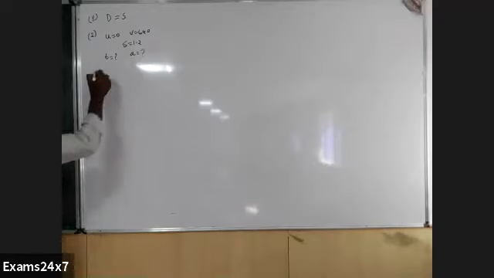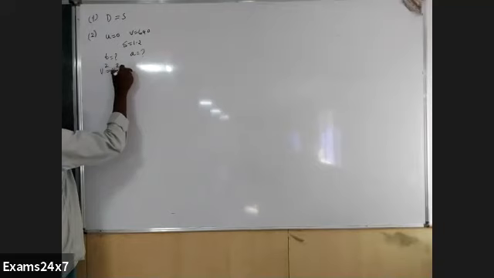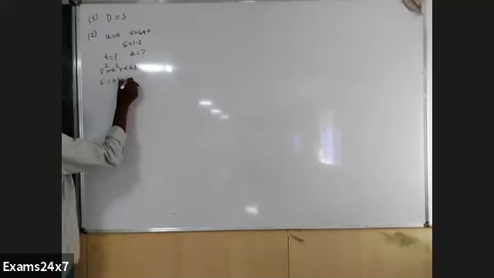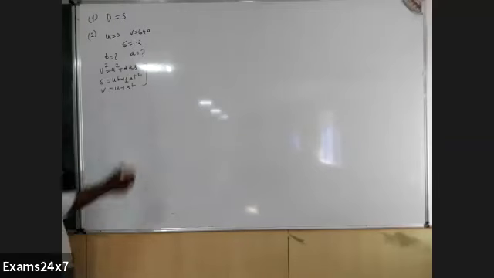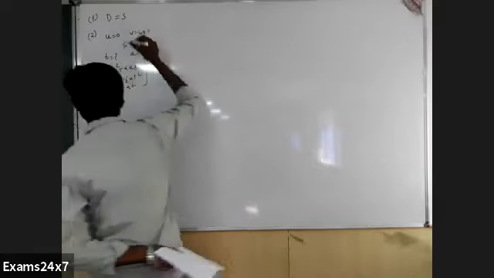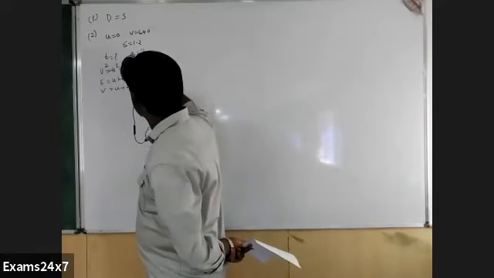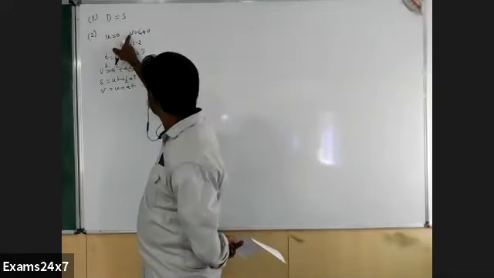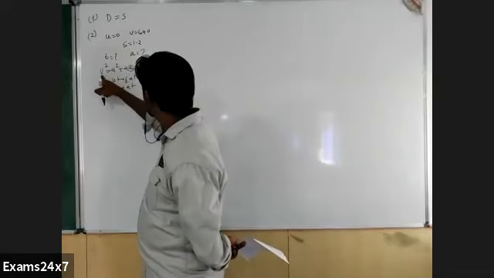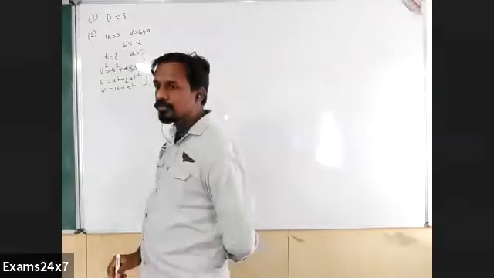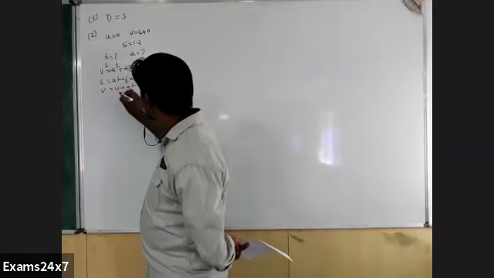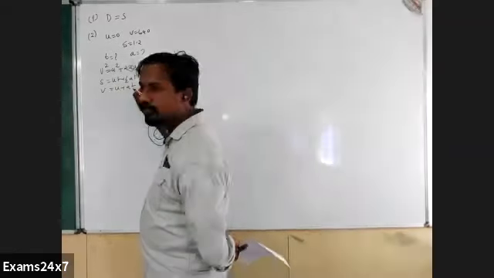You know that V square is equal to U square plus 2AS, S is equal to UT plus half AT square, and V is equal to U plus AT. These three equations you know. From this given data, you can use only this equation to find the acceleration. U is given, V is given, S is given. Acceleration can be found out. If you find out acceleration, you can substitute in this equation. V you know, acceleration you found out, time you can find.